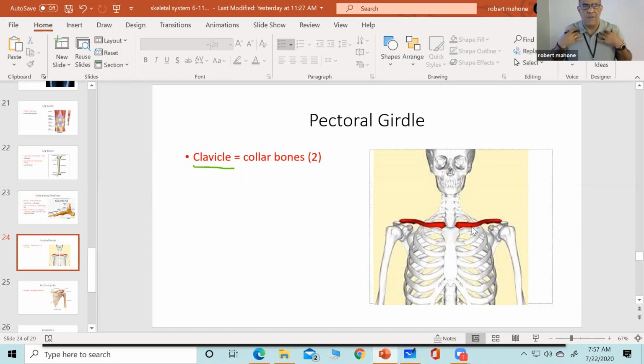Without your clavicles, the shoulders would turn inward all the time. If you break a clavicle, the two ends tend to come towards each other, and the shoulder collapses in like that.